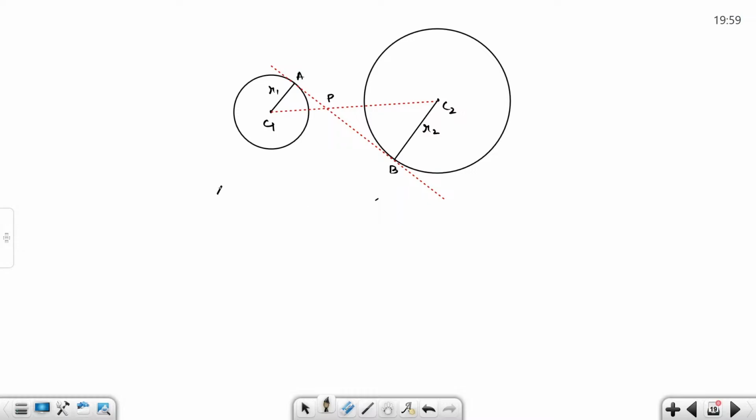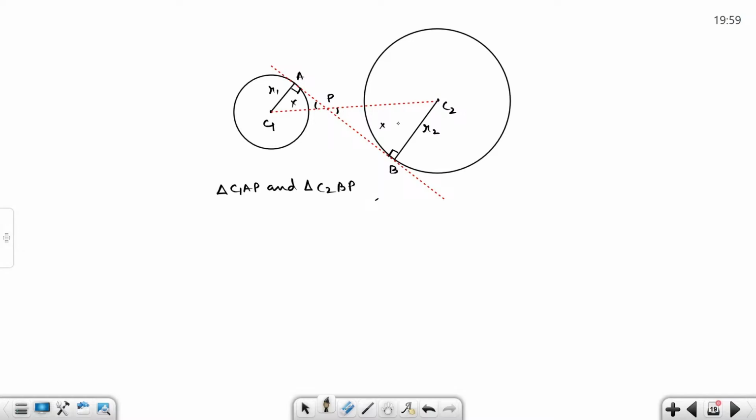Now if you consider triangle C1AP and triangle C2BP, we can easily see that these two angles are vertically opposite angles. This is 90 degrees, this is 90 degrees. So these two triangles are similar by the AA property.